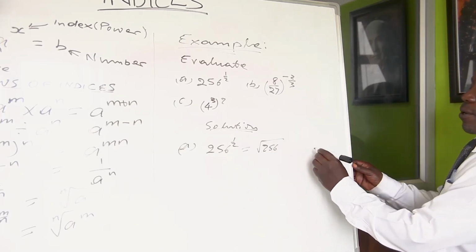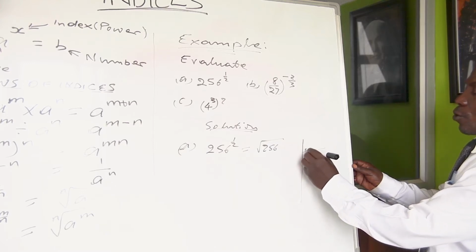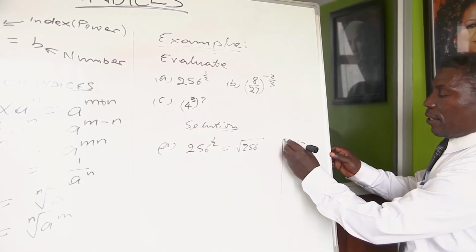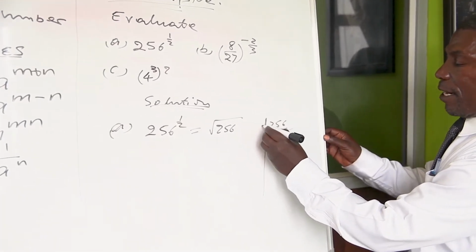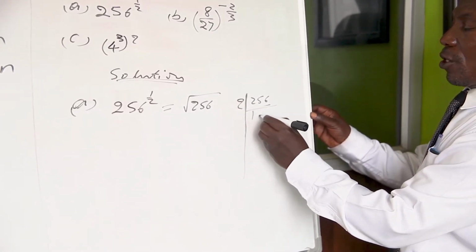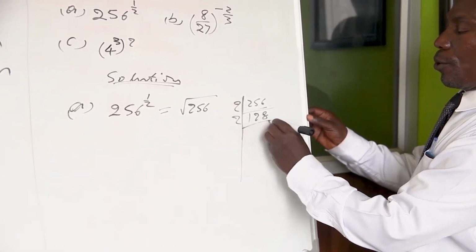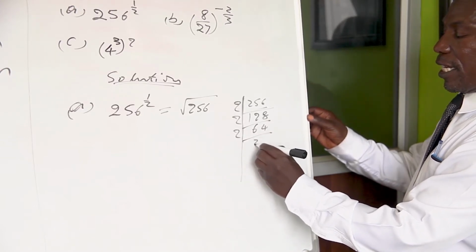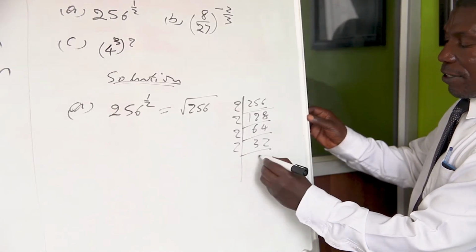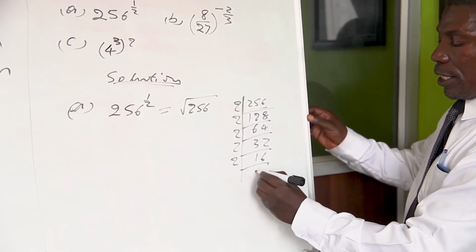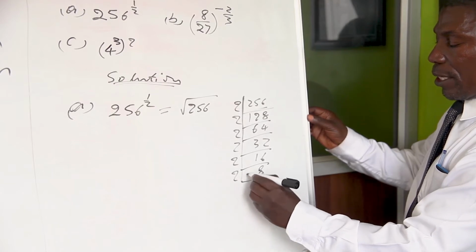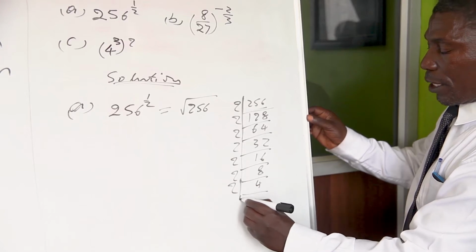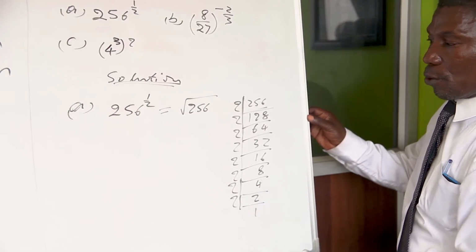When we take 256 and divide by 2, this gives us 128, divide by 2 gives 64, divide by 2 gives 32, divide by 2 gives 16, divide by 2 gives 8, divide by 2 gives 4, divide by 2 gives 2, divide by 2 gives 1.